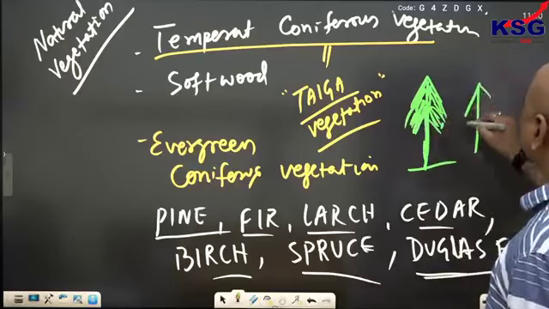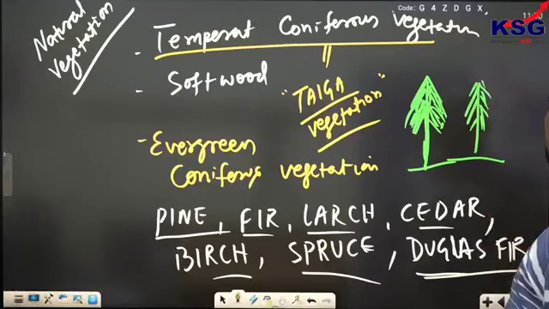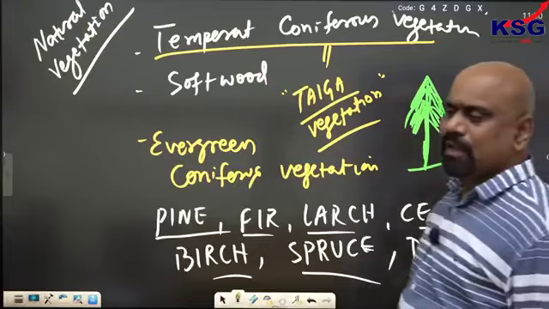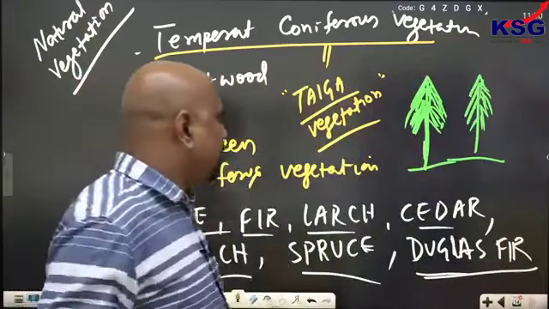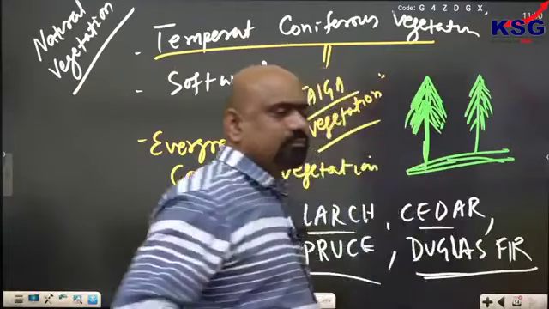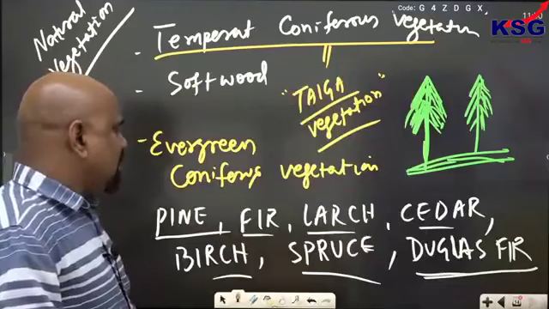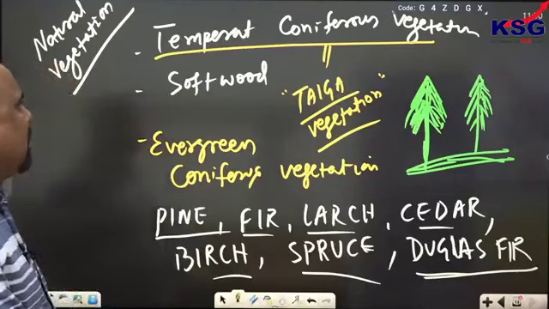This type of vegetation is completely adjusted with the snowfall. Pine, fir, larch, cedar, birch, spruce, Douglas fir, deodar, all these are there.